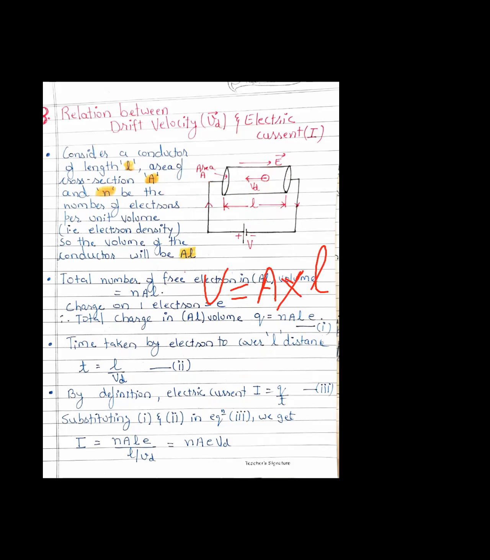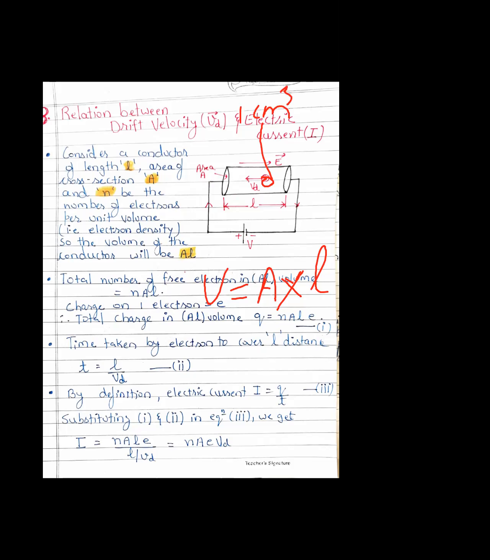Now be very attentive, children. I am choosing a very small volume of the conductor, and I will say it is a unit volume, meaning 1 centimeter cube, whose length is 1 centimeter, breadth is 1 centimeter and height is 1 centimeter, so its volume becomes 1 centimeter cube. In this 1 centimeter cube, we are supposing that there are n number of electrons.